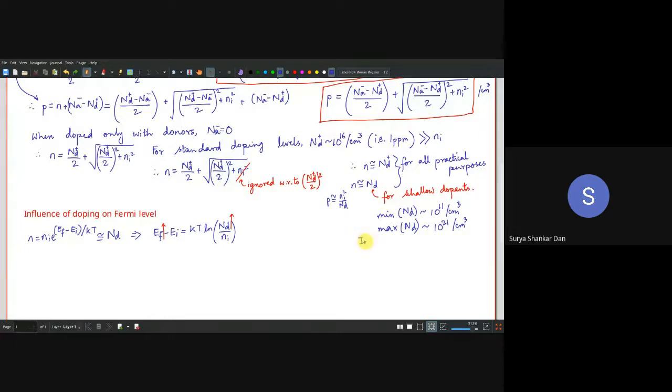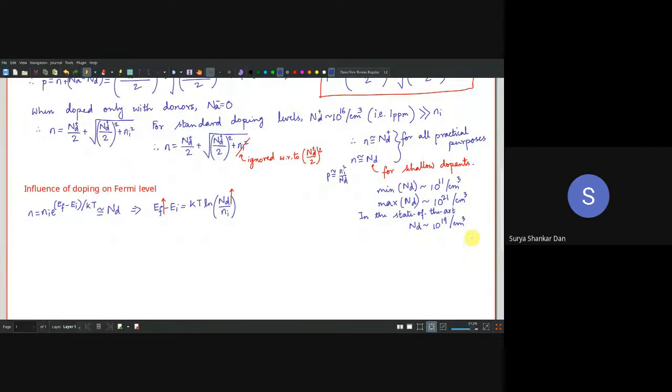In the state of the art, for example, smartphone processors from Qualcomm or MediaTek essentially have 5 nanometer or 7 nanometer technology nodes. In the state of the art, the doping ND is in the order of 10 power 19 per centimeter cube.